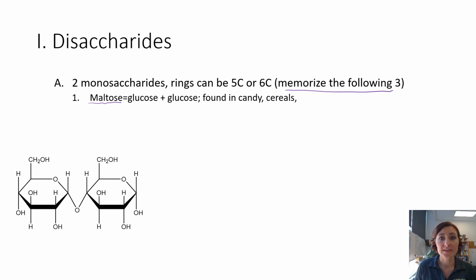And maltose is a disaccharide that's made up of 2 glucose monosaccharides. So each of these are glucose. And remember that glucose is one of those monosaccharides that I asked you to already have memorized. So if I were to give you this structure on a test, you should be able to identify that this is glucose and this is glucose, and therefore this is a maltose disaccharide.